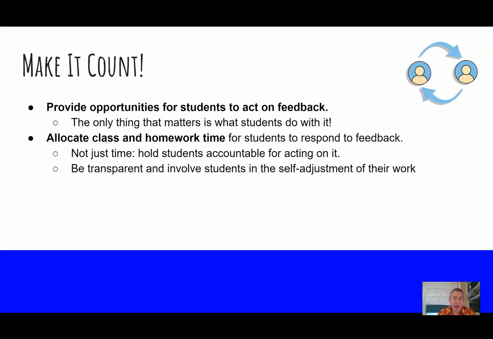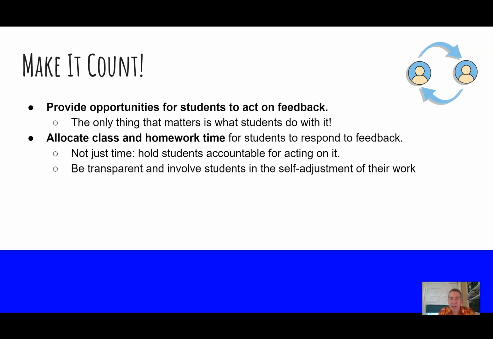English and history when you're writing essays and things like that. I suspect most people are good at having drafts, but students have to have an opportunity to take that draft, take your feedback, and incorporate it. Make sure that happens. And class and homework time has to be just pieces of this. And beyond time, you have to hold them accountable for acting on it.